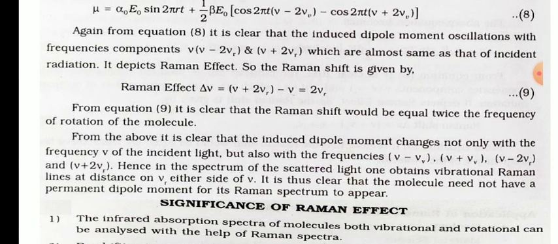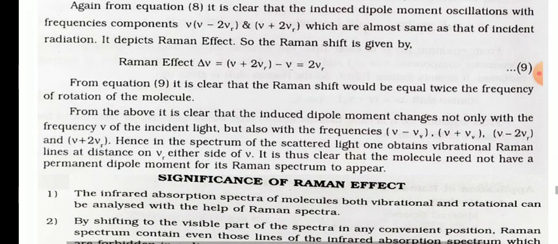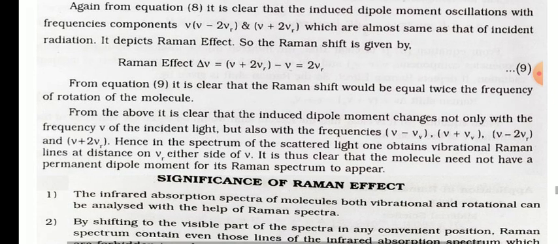It depicts the Raman effect. So the Raman shift, delta nu, is equal to nu plus 2 nu r minus nu, which is equal to 2 nu r.